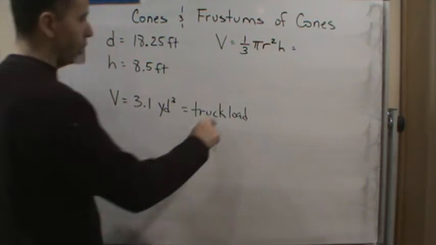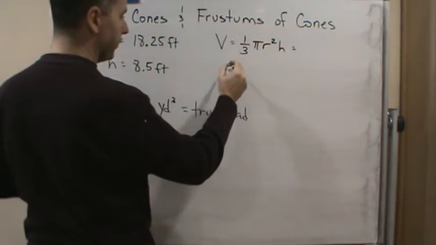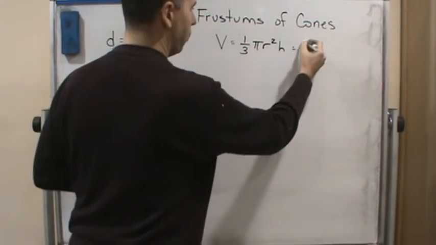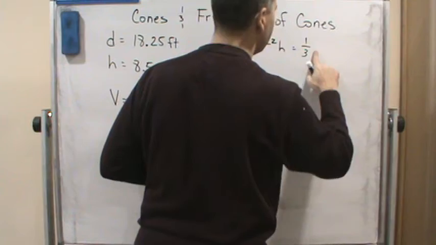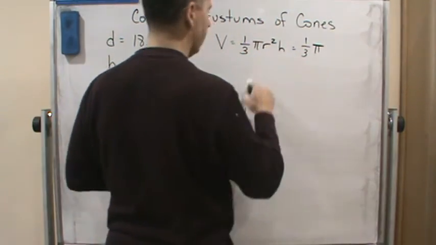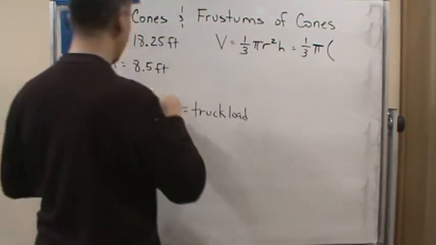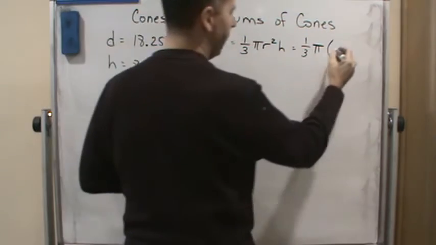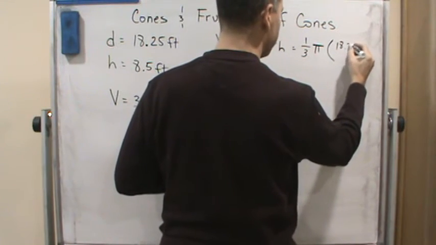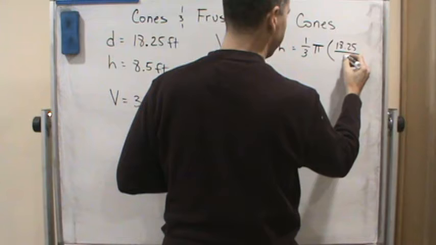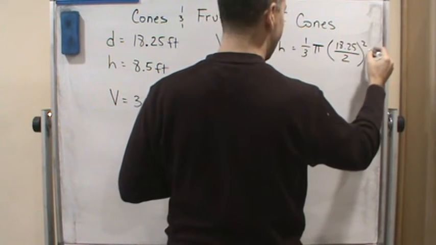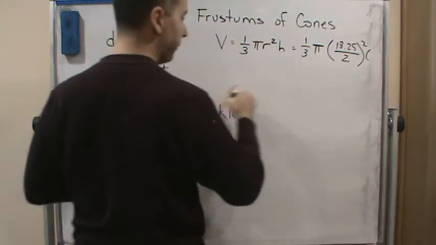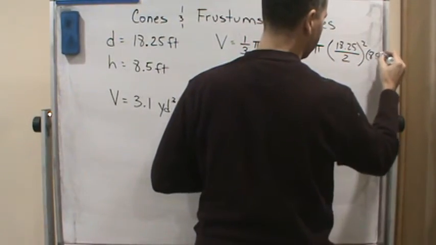So the radius is going to be what? The way I'm going to do this is I'm going to write 1/3 times pi times the radius squared. Well, the radius is half of this, so I'm going to do 18.25 divided by 2, squared, times the height, which is 8.5.